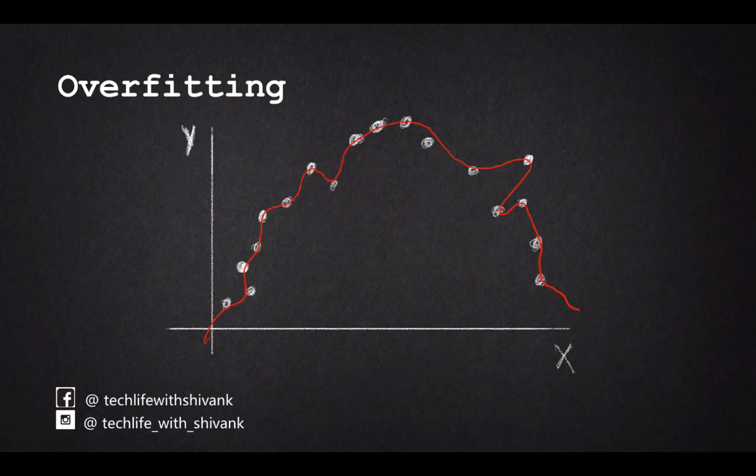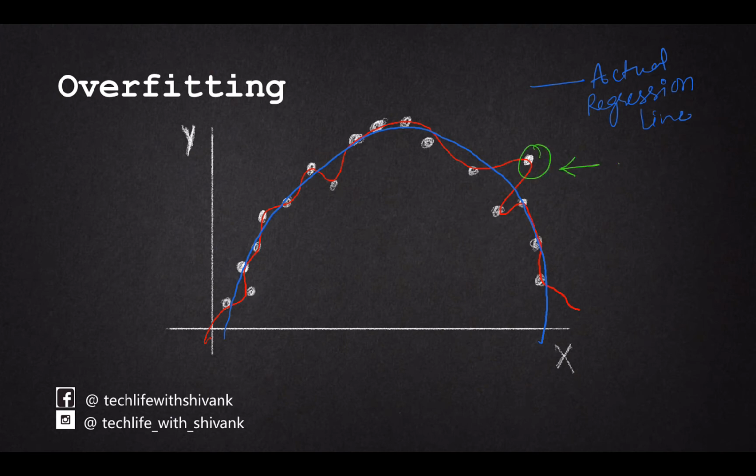So this is clearly a case of overfitting because we can see that the generalized learning algorithm would have learned a regression line something like that. So this is the actual regression line which we wanted our model to learn, and the red line has learned the noise from the noisy data points.